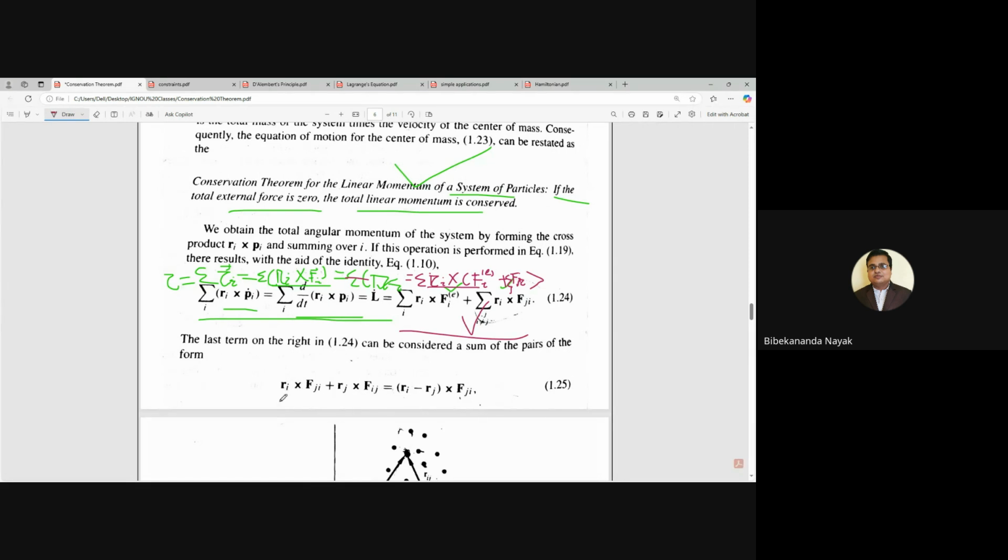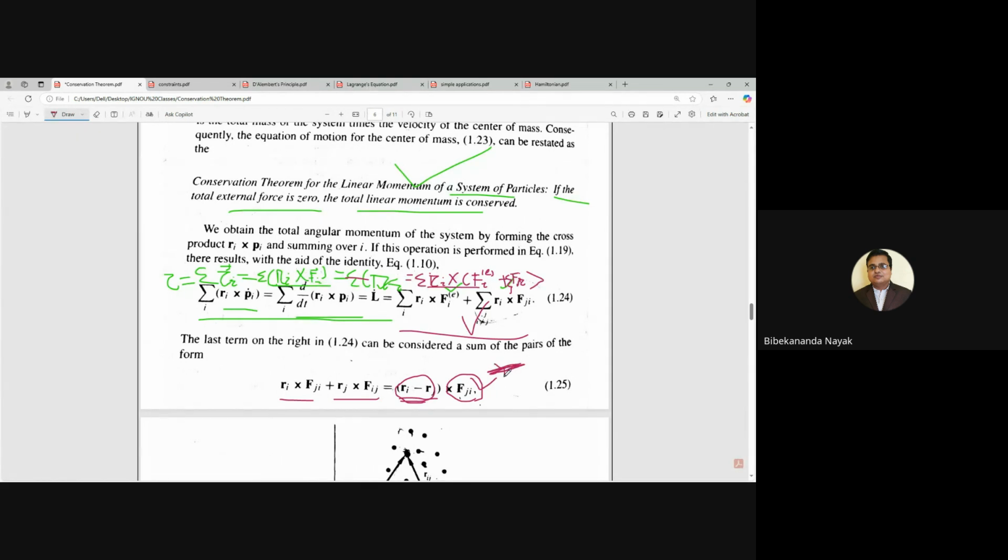If we take the sum, because the sum is over both i and j, this pair-like term comes: r_i cross F_ji plus r_j cross F_ij, which I write, with F_ij as minus F_ji, as r_i minus r_j cross F_ji. But according to Newton's third law, the force F_ji acts along the line joining them, meaning r_i and r_j, and r_i minus r_j also acts along the same line.